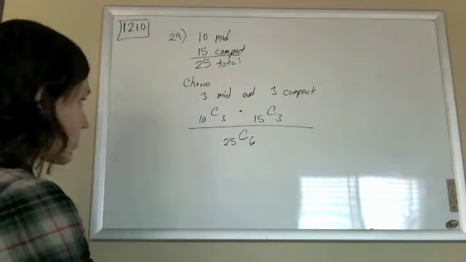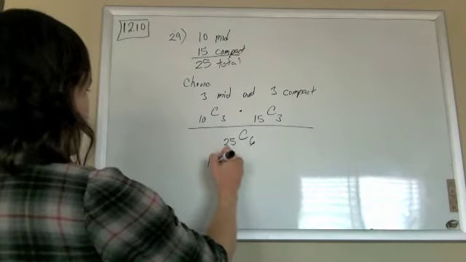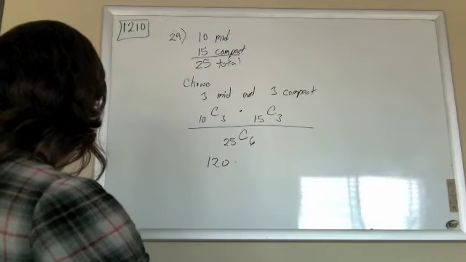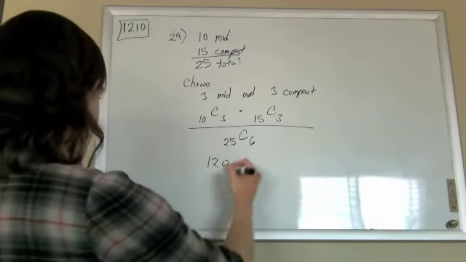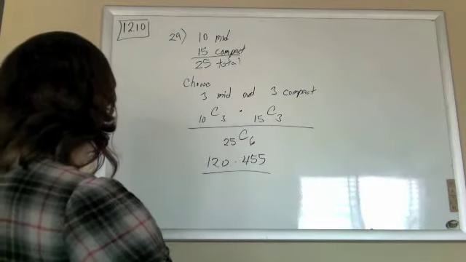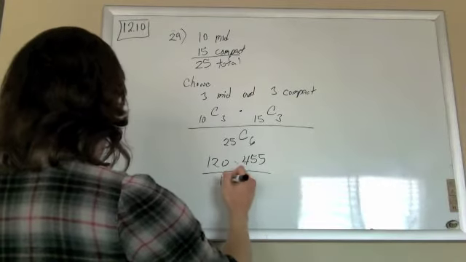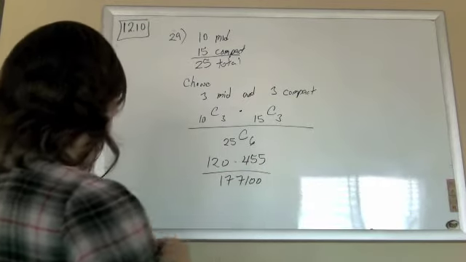10C3, sorry, is giving you 120. 15C3 is giving you 455. And 25C6 is giving me 177100.